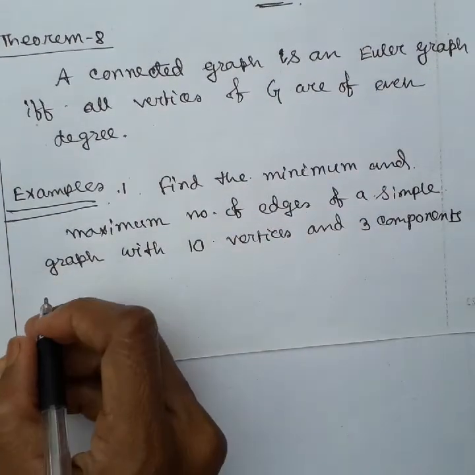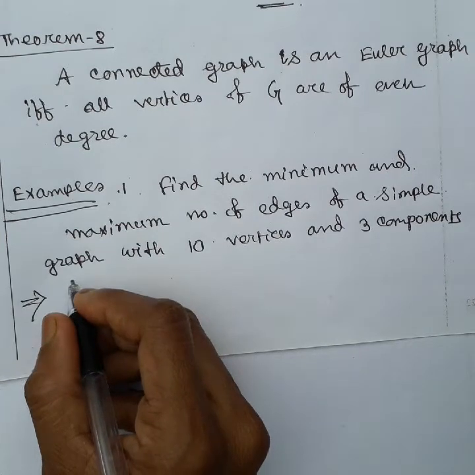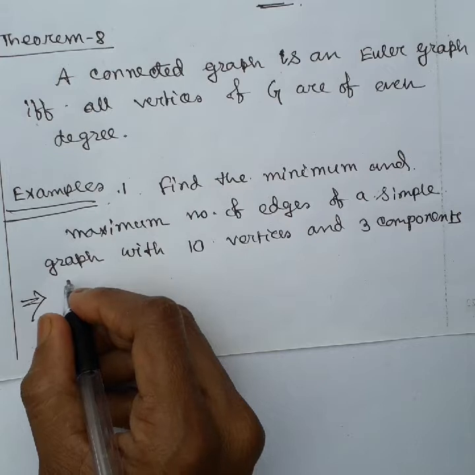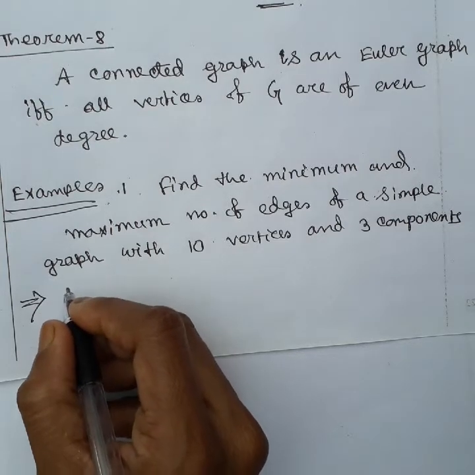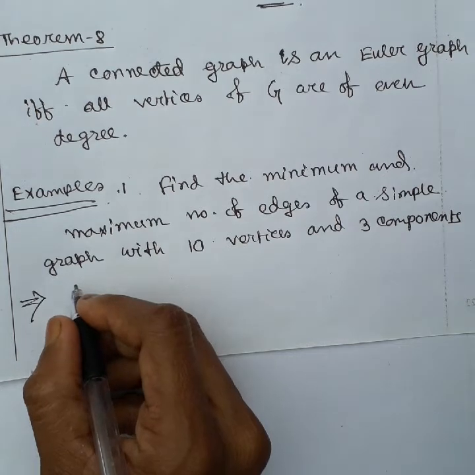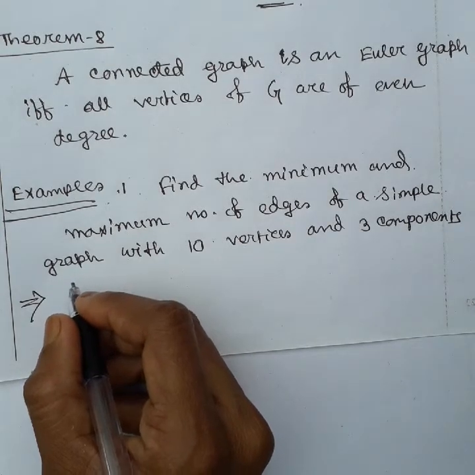So the minimum number of edges, we know it is n minus 1 for n vertices when it is one component, and as it is here k components, the minimum number of edges is n minus k.